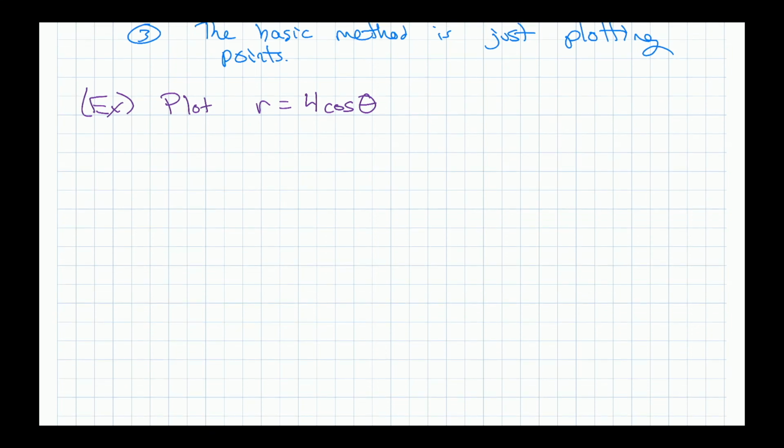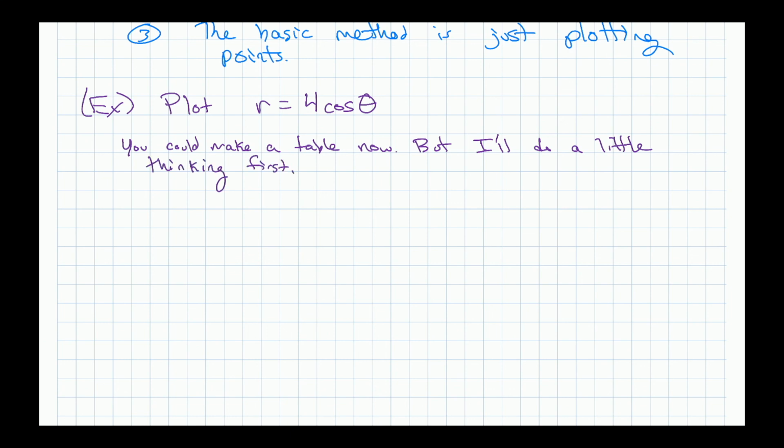Okay, so how would we do that? My strategy, first of all, you can just make a big table, but I'll do a little bit of thinking first. All right.